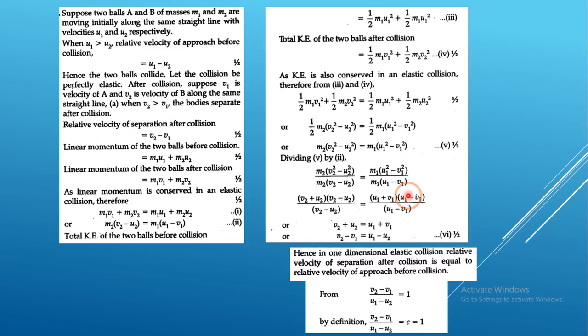So this equation will become (u2 plus v2)(u2 minus v2). Same here, (u1 plus v1)(u1 minus v1). These both terms get cancelled. Remaining terms, v2 plus u2 is equal to u1 plus v1. So you can write v2 minus v1 is equal to u1 minus u2.